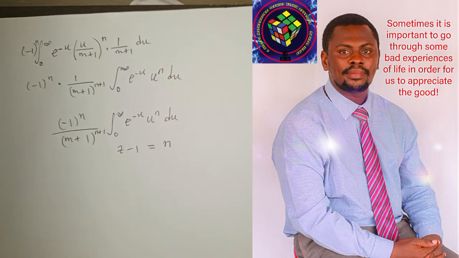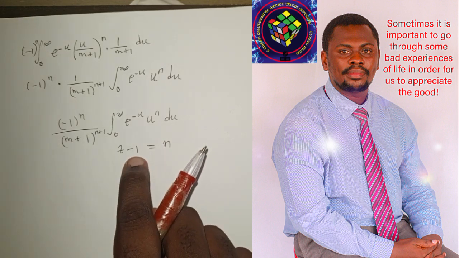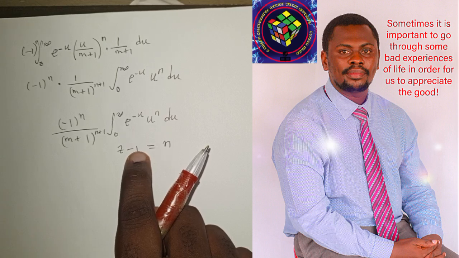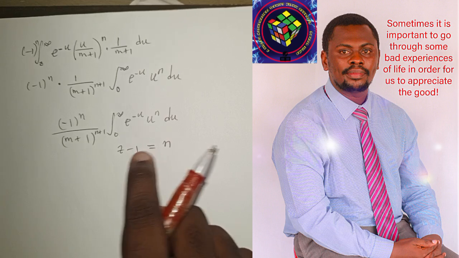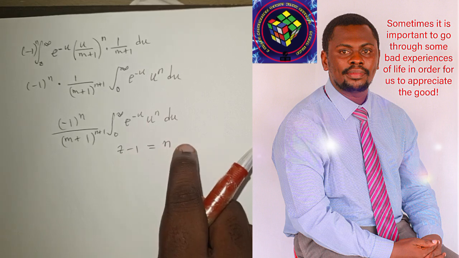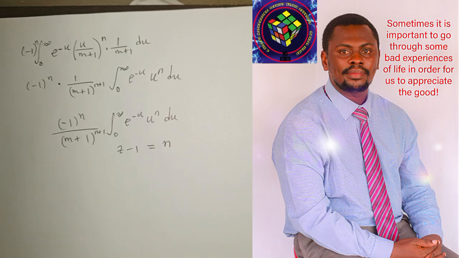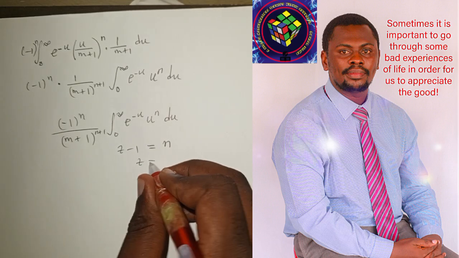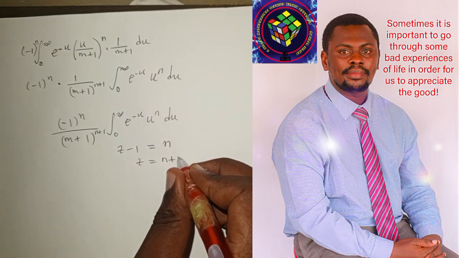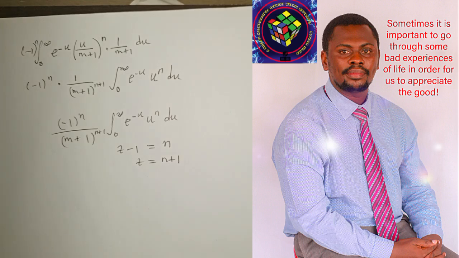Then we make z the subject of the formula. To get rid of the minus 1, you just add a 1. If you add 1, it will cancel out the minus 1, and you also add 1 this side. So we have z is equal to n plus 1.